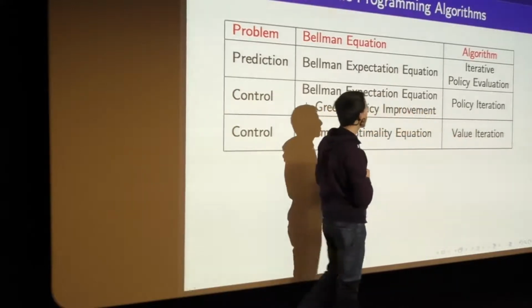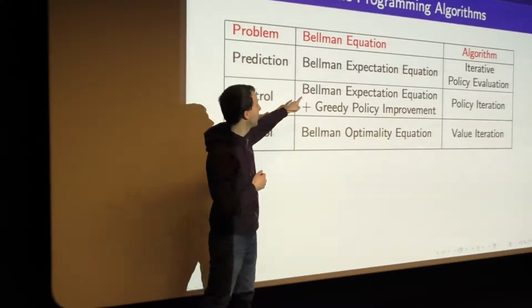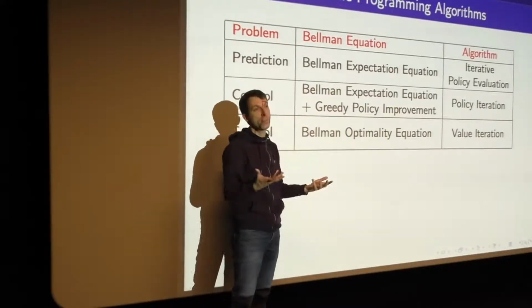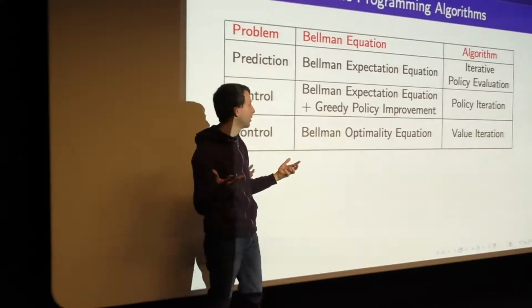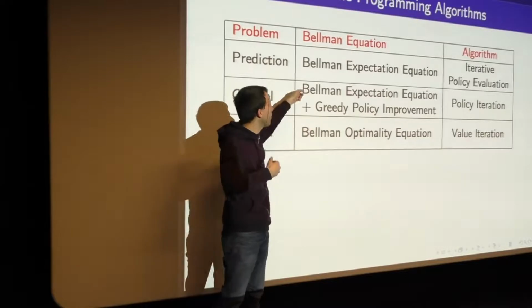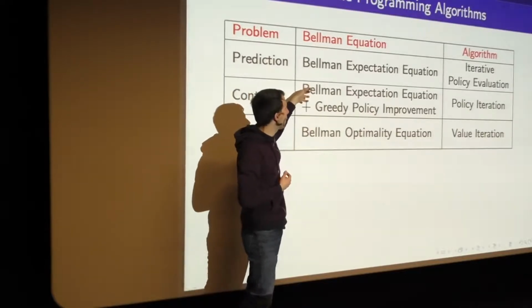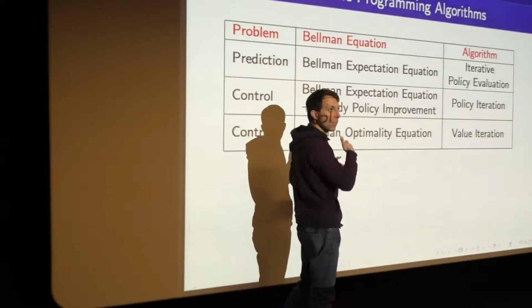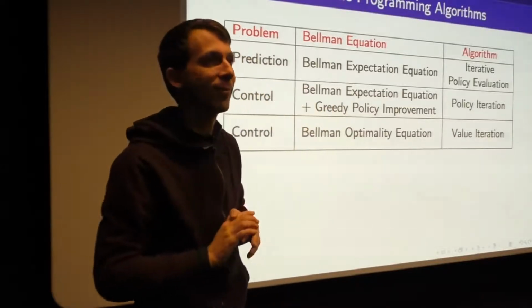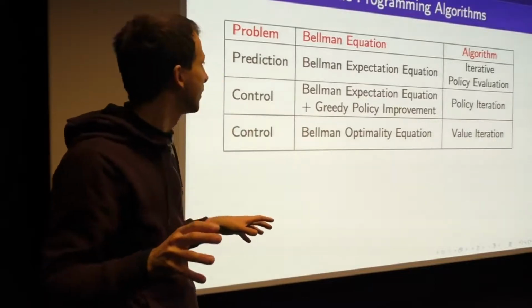Okay, and what we saw as well is that between these two lines is a spectrum, the modified policy iteration algorithm, where if you go all the way down to k equals 1, only evaluating very crudely, then you recover the value iteration algorithm. Okay, is that clear? I really want to make sure people get this slide.